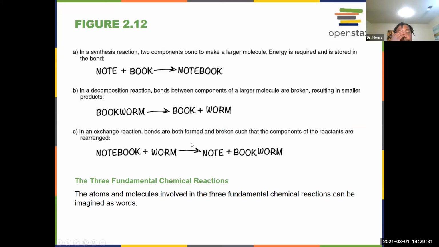Okay, so let's talk about chemical reactions. There are four major chemical reactions in the body. We're going to talk about three of them right now, because these three are the most abundant. The last one occurs, but not as frequently. The first one is called a synthesis reaction, where you have two or more components and bring them together to make one larger molecule.